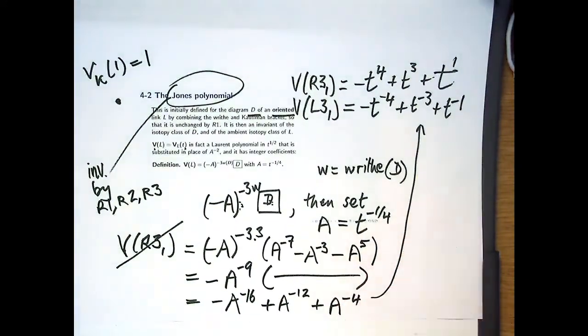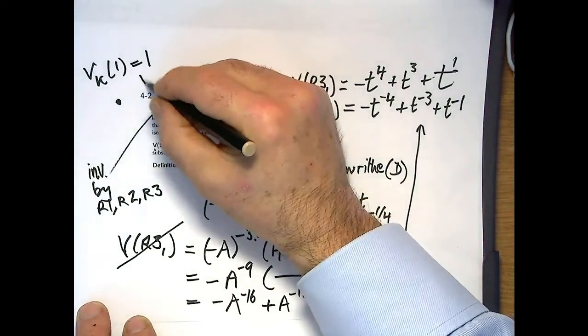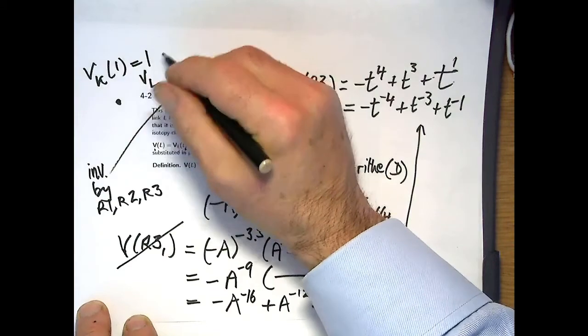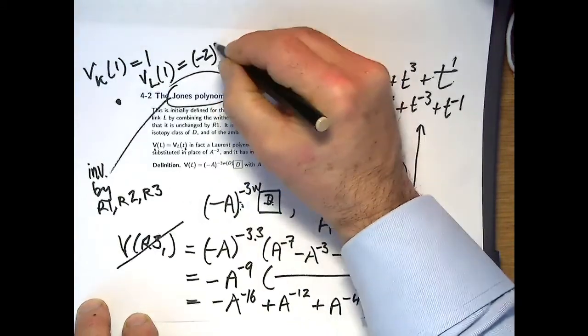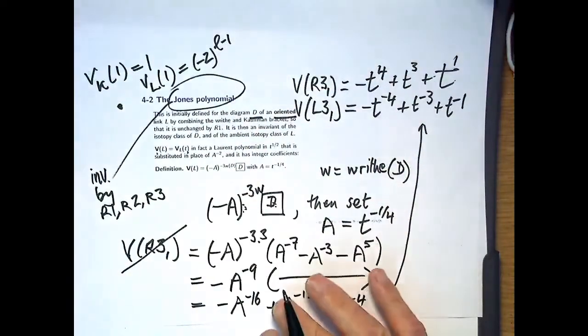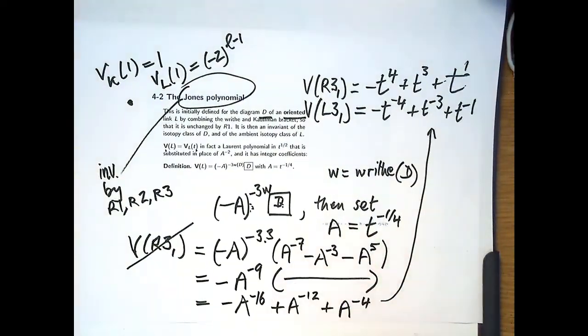Which it does. Actually, it's quite easy to prove this. There's a formula on the exercise sheet. If you have a link with L components, when you put t equal to 1, you get minus 2 to the number of components minus 1. So for a knot, that would be 1. So that's quite easy to prove.